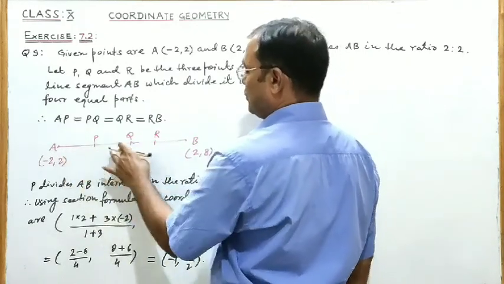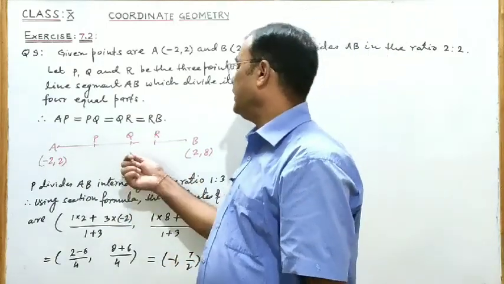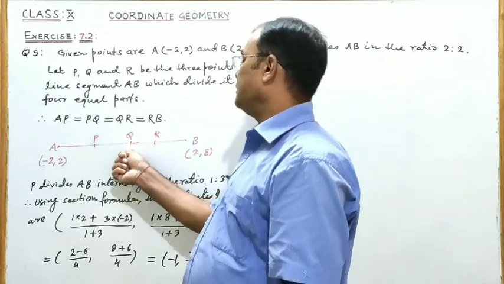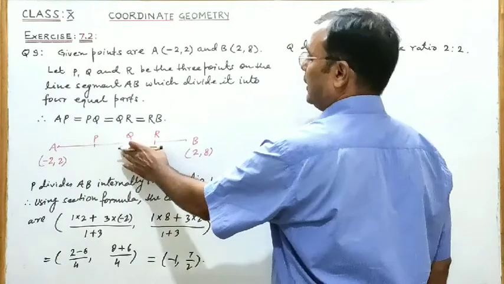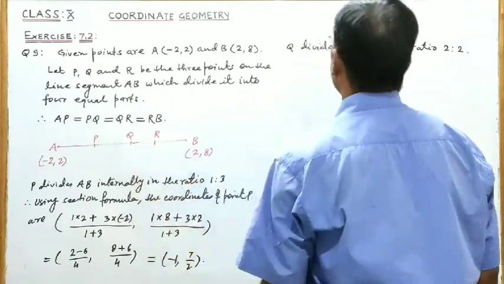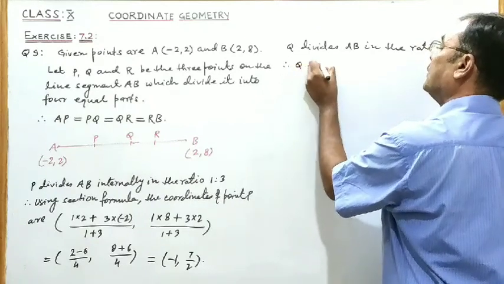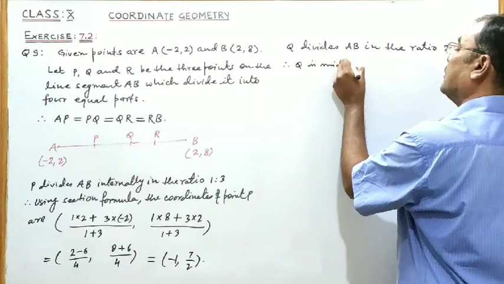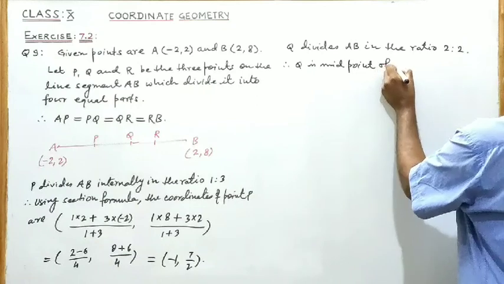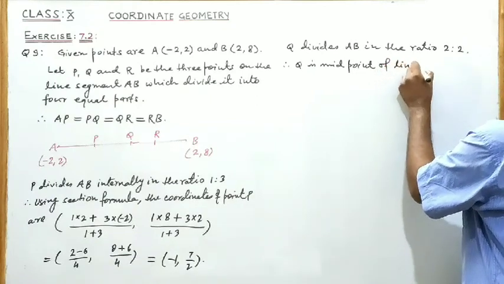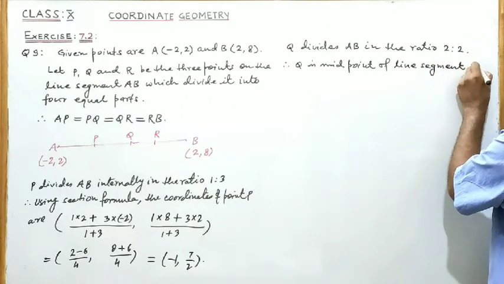This ratio 2:2, you can also say 1:1. So this way point Q is the midpoint of line segment AB. So you can use the midpoint formula, the coordinates of the midpoint.